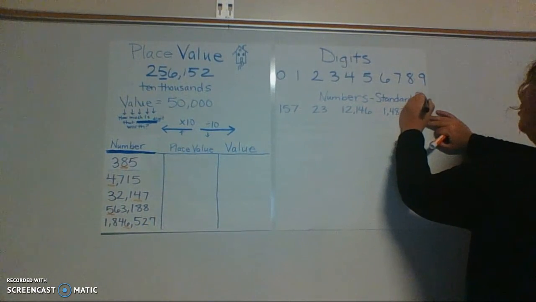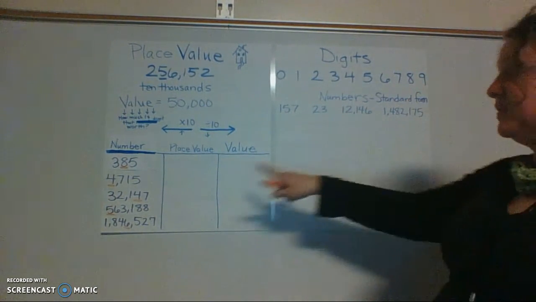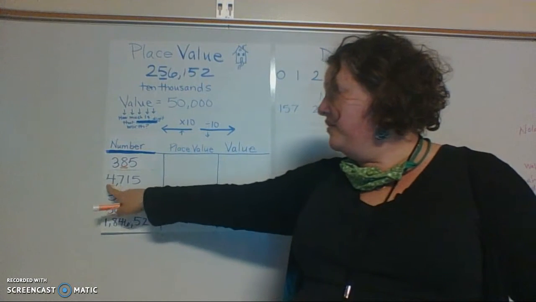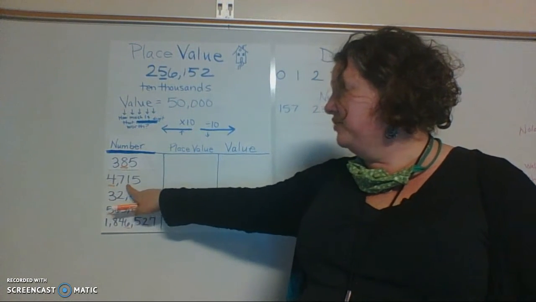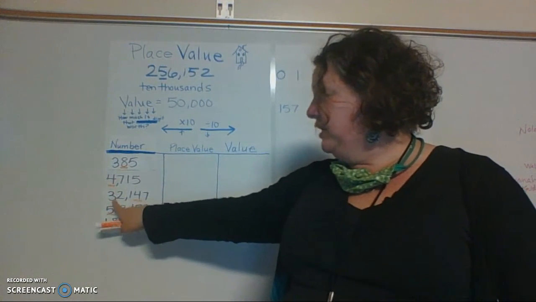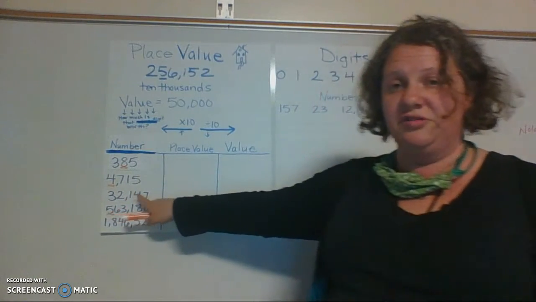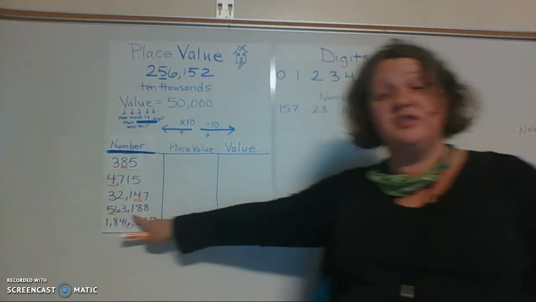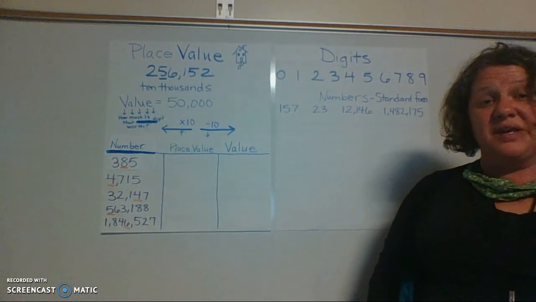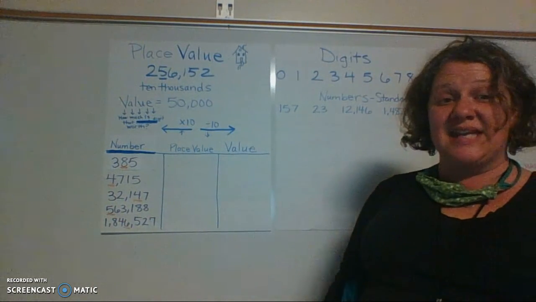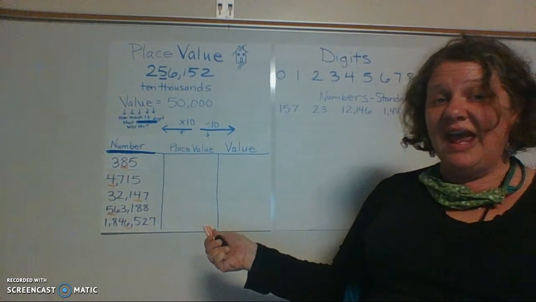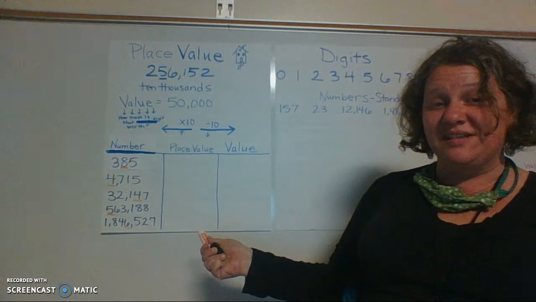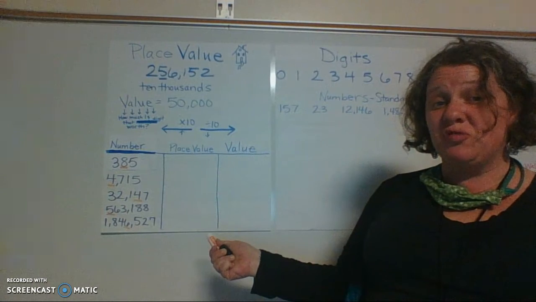Now, in your notebook, I'd like you to write down these numbers: 385, 4,715, 32,147, 563,188, and 1,846,527.